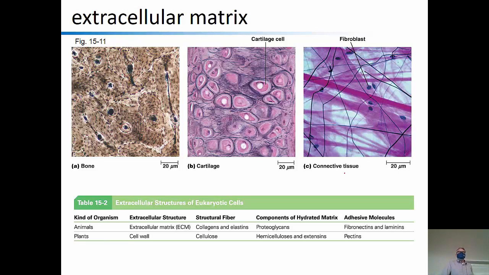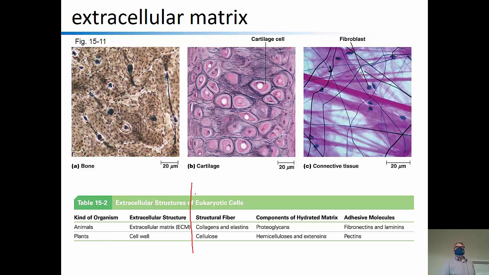So the extracellular matrix is composed of 3 components. It's composed of a structural fiber. This is a protein, and we're just going to focus on animals here.